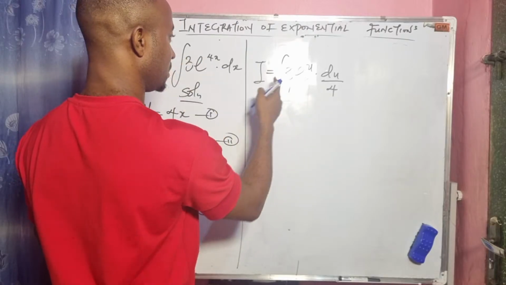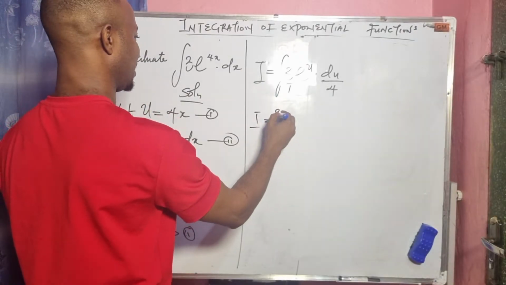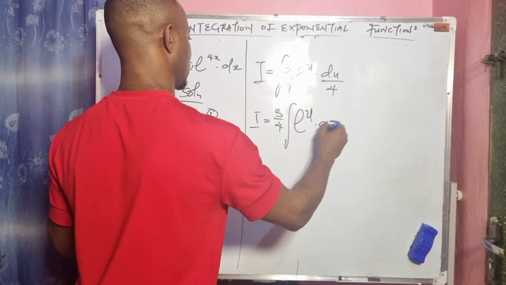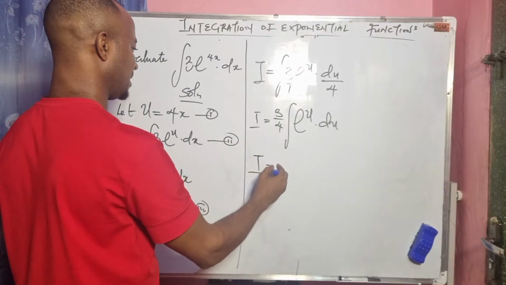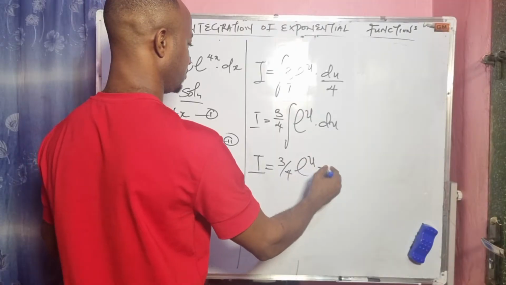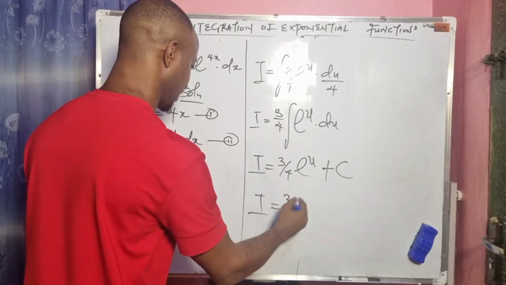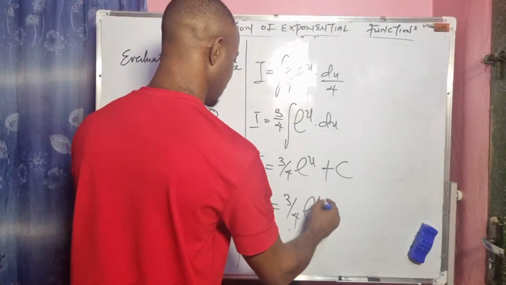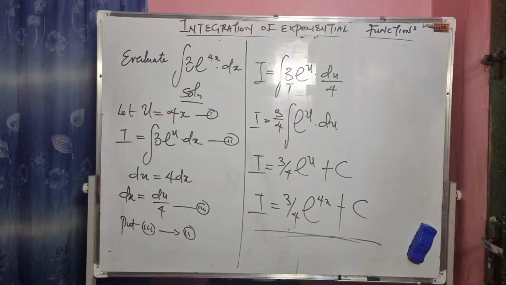So 3 over 1 times 1 over 4 will give us I equals 3 over 4 integral of exponential u dot du. So by the time we integrate this, that will give us our integral equals 3 over 4 exponential u, or e^u, plus C. So our integral becomes 3 over 4 e to the power of 4x plus C. Final answer with this. So let's look at the next question.